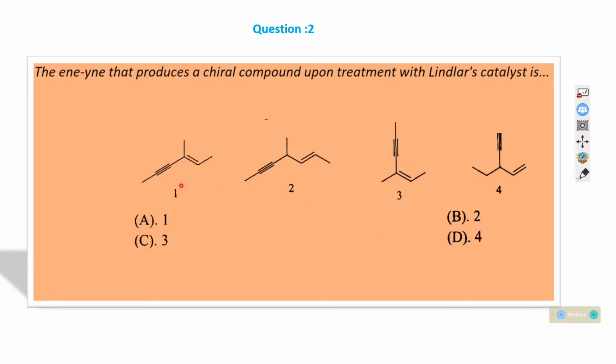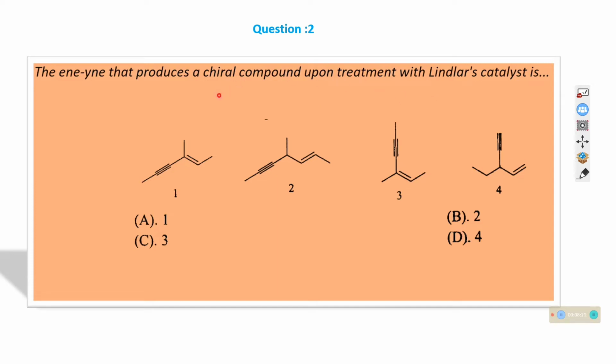In these questions, different types of enyne compounds are given. An enyne compound means in the same compound a triple bond and a double bond are present. In the question: the enyne that produces a chiral compound upon treatment with Lindlar catalyst.